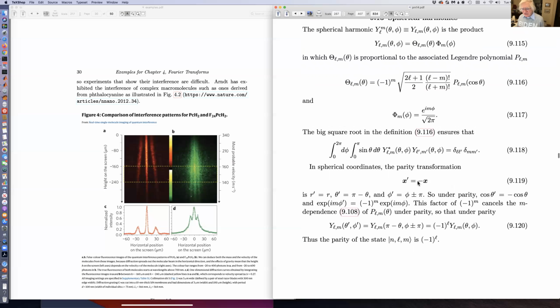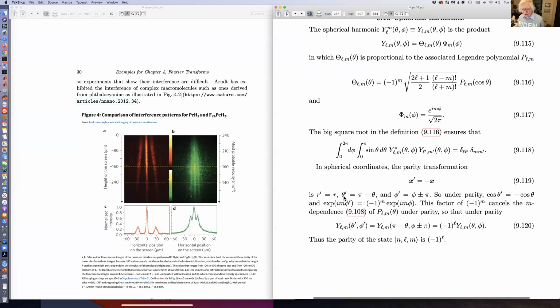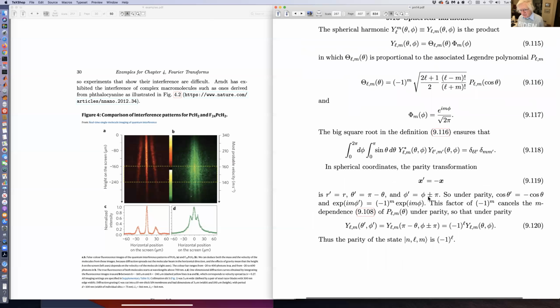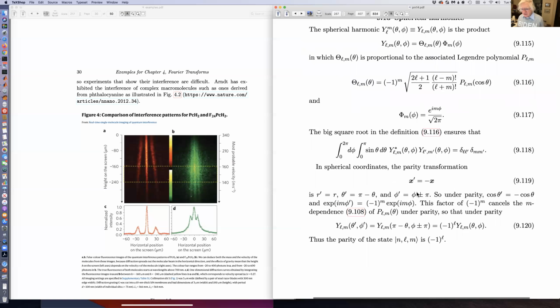The parity transformation in spherical coordinates is that x prime is minus x. And so r prime is r. Theta prime is pi minus theta, and phi prime is phi plus or minus pi. So under parity, cosine theta prime is pi minus theta, and that turns the cosine into, it gives an overall factor of -1.